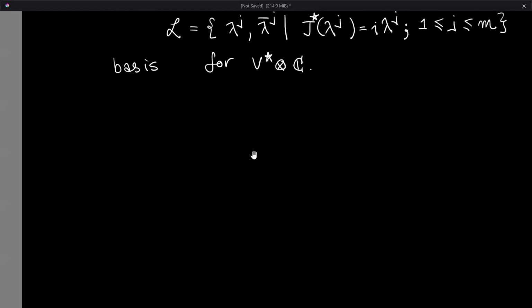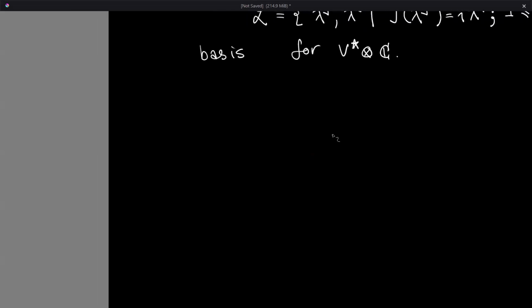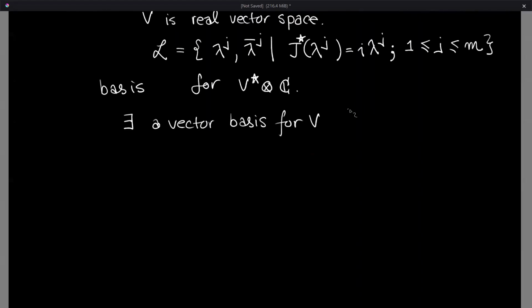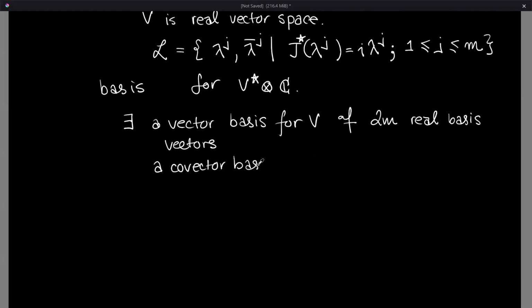So what we want to show is that there exists a vector basis for V of 2m real basis vectors and a covector basis for V star of 2m real basis covectors.